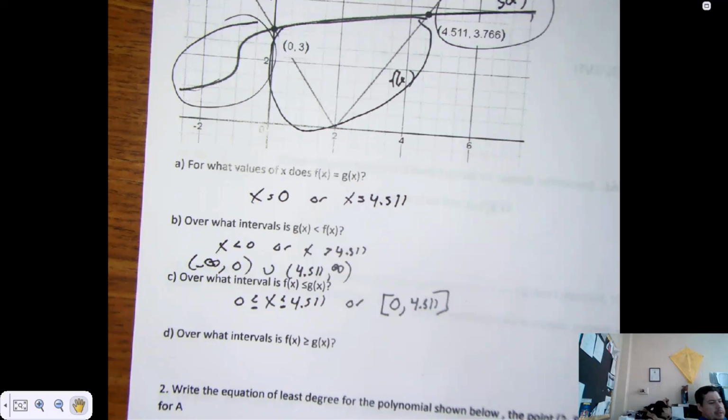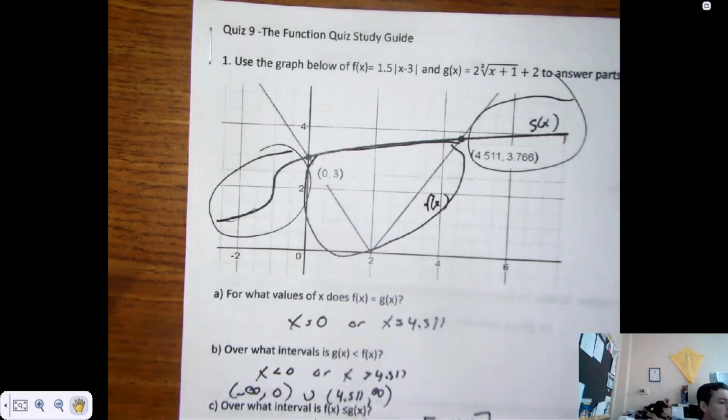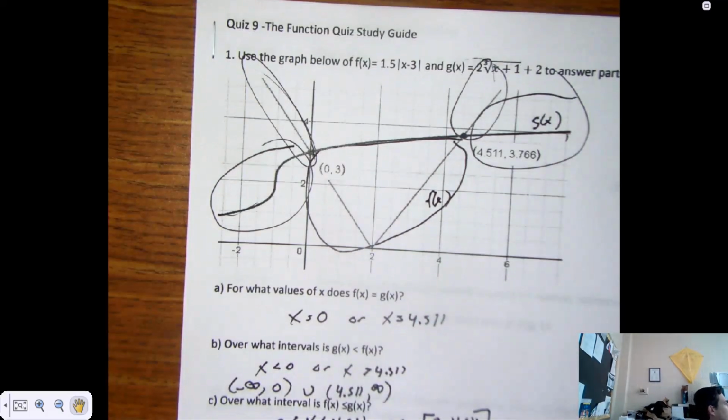And the last one is about f of x being more. Well, more would be here and here. You kind of almost answered this, but with a different question. The answer is written the same as B is written.